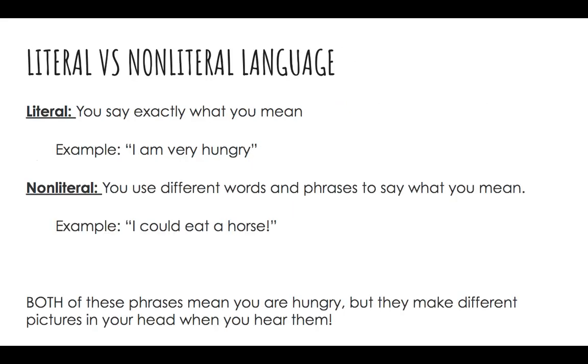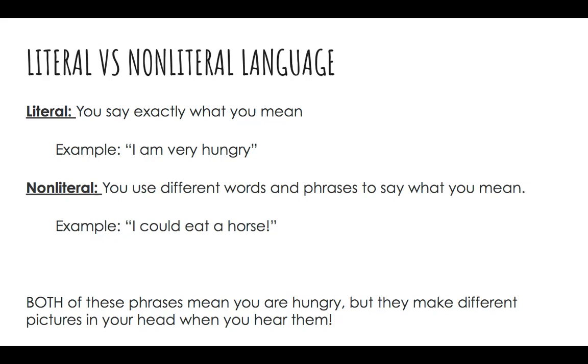So again, here's another page that describes the difference between literal and non-literal language. Literal is when you say exactly what you mean. I could tell you, hey, third grader, I'm very hungry, and you would know exactly what I mean. Or I could be even more dramatic and say something like, I could eat a horse. And a horse is a super big animal, right?